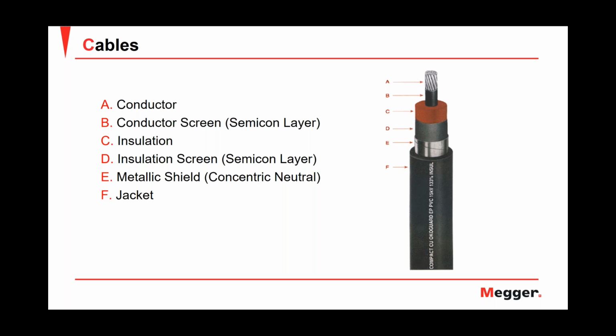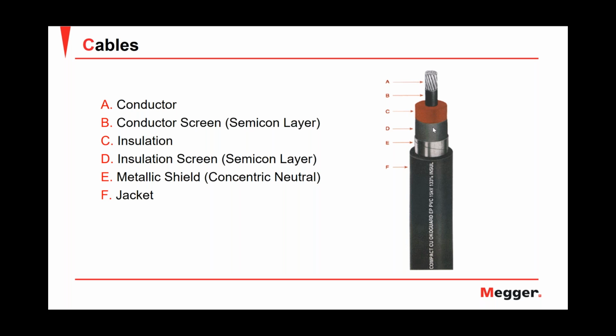Well, let's talk about medium voltage cables. If you see the picture in the slide, you will see the classic construction of a medium voltage cable, in which we have a conductor that could be of aluminum or copper material. Then we have this semicon layer that is the conductor screen. Then we have the insulation, which in the case of this slide is a solid dielectric insulation, EPR insulation.